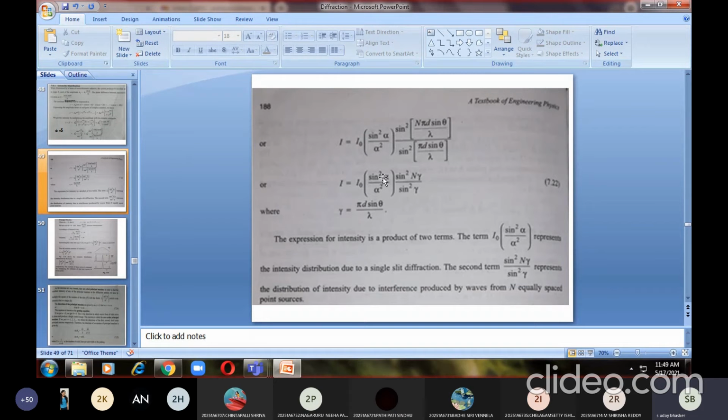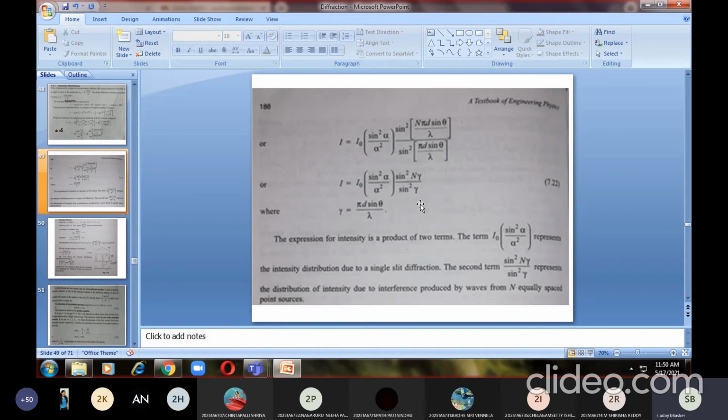So what do you see here? When I asked what is the intensity for double slit, it was 4 times the original one. When it is three slits, we said 9 times, right? But for n slits, when I asked, you said n square times the original.